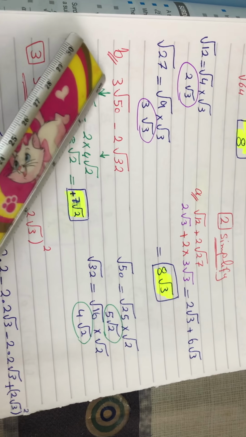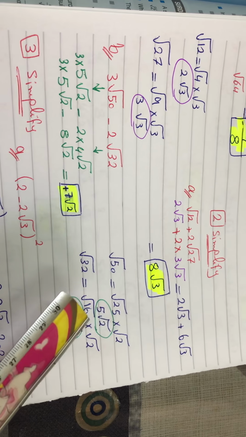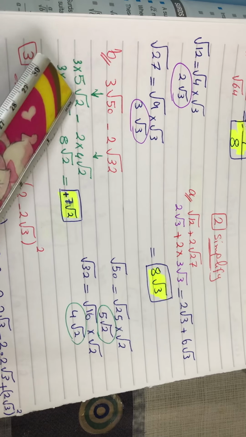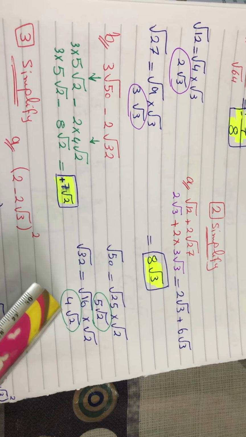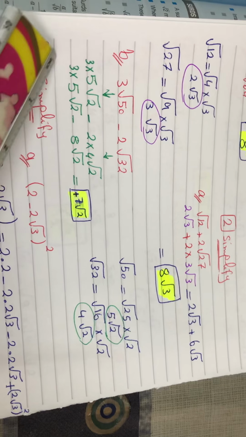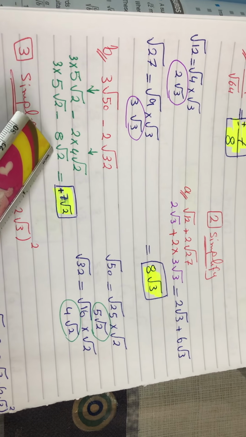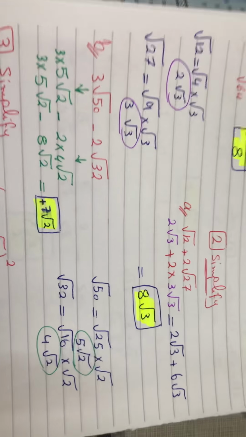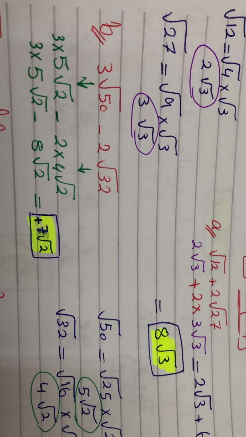Don't forget that you have 3 outside, so you will multiply the 3 by the 5 square root of 2, and you have here 2, multiply it by 4 square root of 2. So you have 15 square root of 2 minus 8 square root of 2 equals 7 square root of 2. Because I take square root of 2 just 1 time, and 15 minus 8 equals 7.